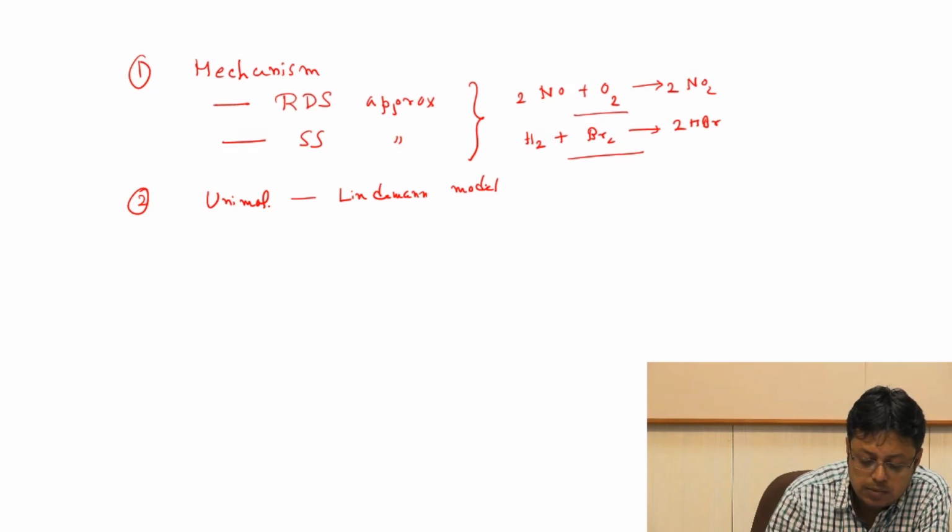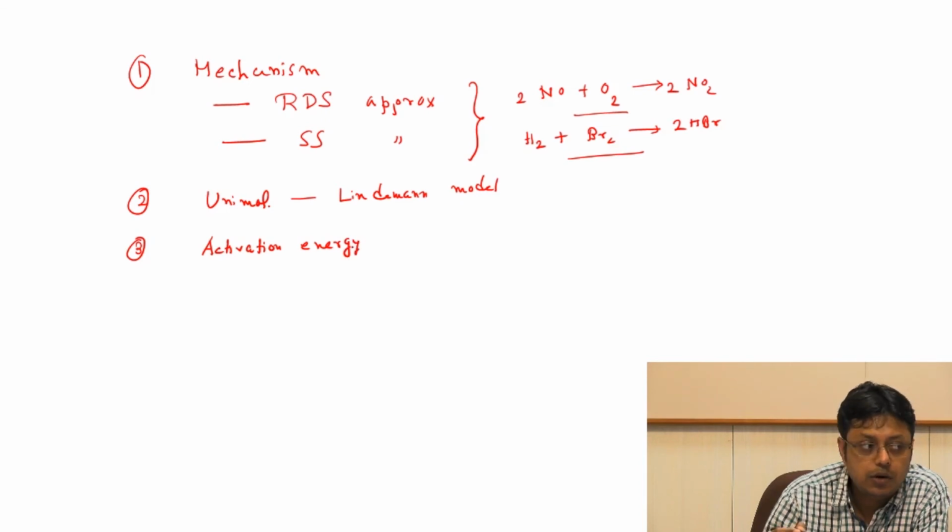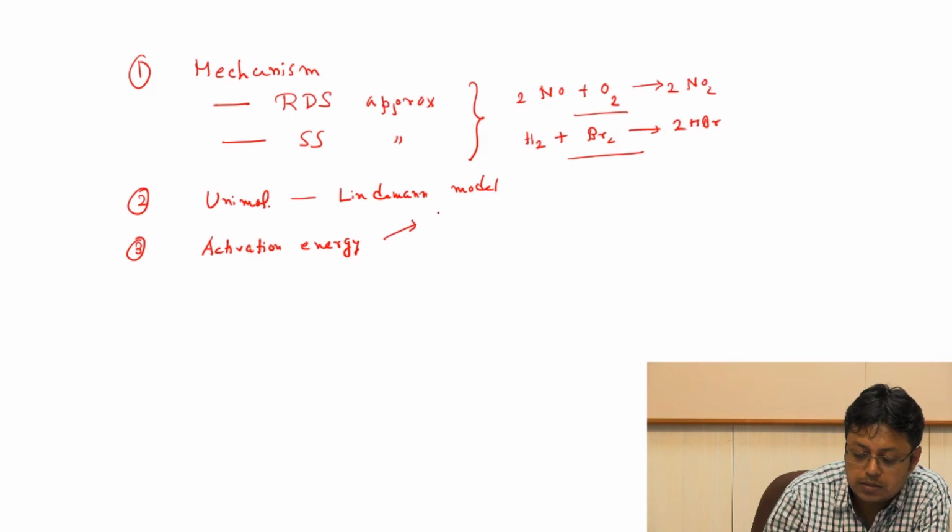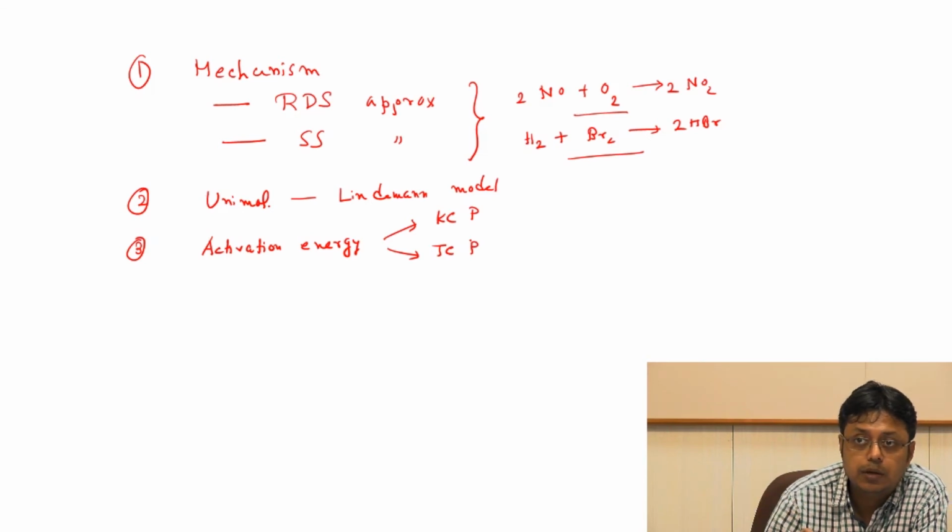Then we talked a little bit about the activation energy, or energy of activation, to be more precise. And then we showed how you can think about the kinetically controlled product or the thermodynamically controlled product, and how you can control the branching of the product ratios by controlling the temperature or waiting for a long time. And then we switched to catalysis.